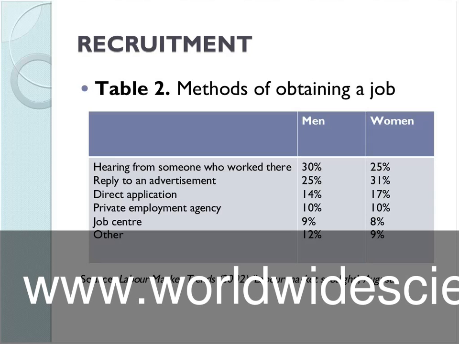The job center, 9% for men and 8% for women, and other is 20% for men and 9% for women. So most used we can see is hearing from someone who worked there and the reply to the advertisement. So this is the source. You can see the labor market trend that shows these figures.